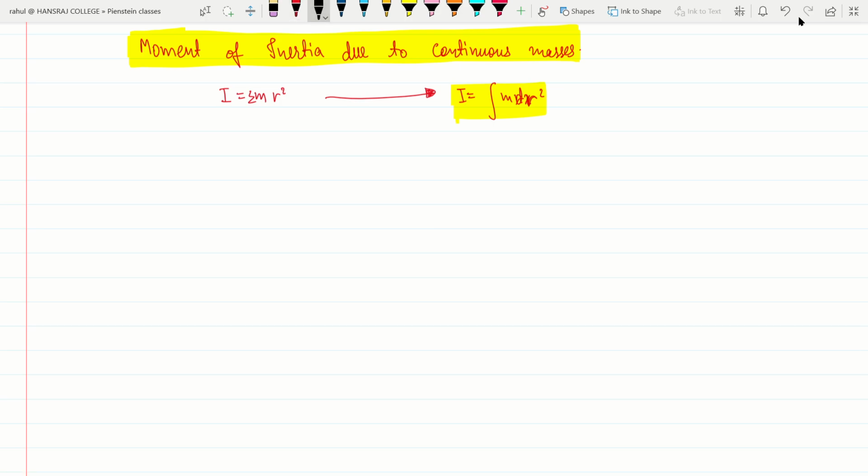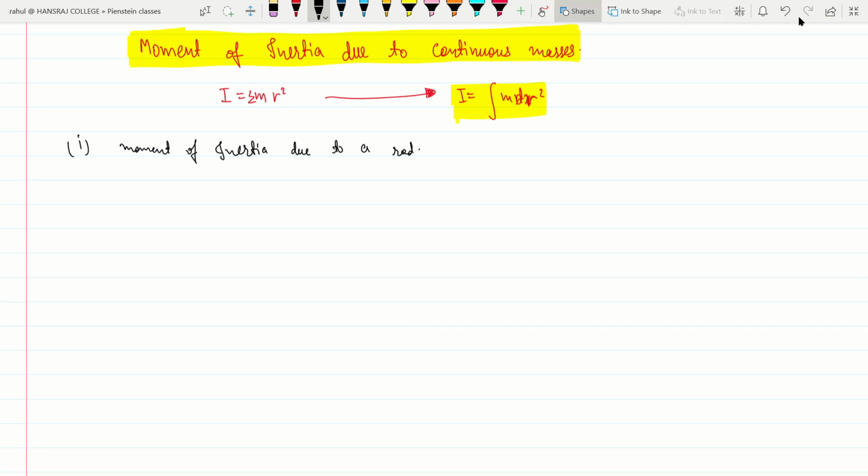Alright, so the first case is, let us calculate the moment of inertia due to a thin rod.